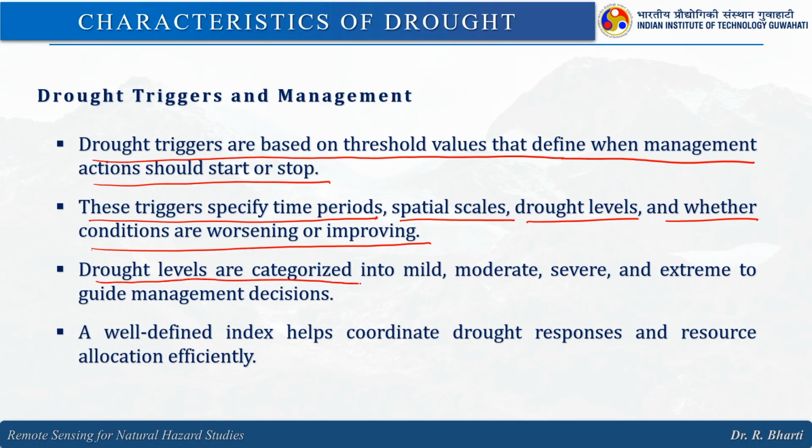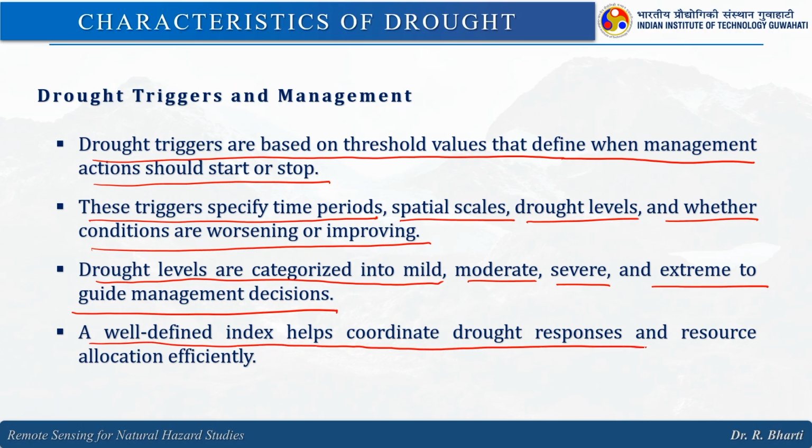Drought levels are characterized into mild, moderate, severe and extreme to guide management decisions. A well-defined index helps to coordinate drought response and resource allocation efficiently, because ultimately what is our aim? We have to mitigate and help the people, right?